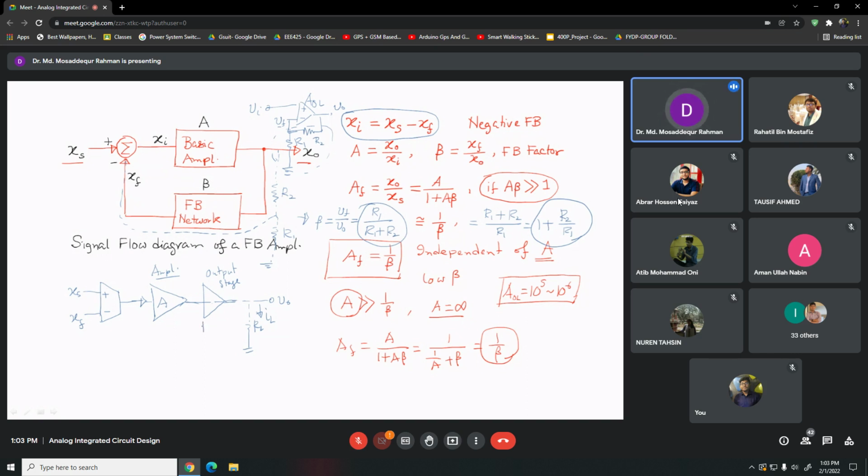So usually it is a power amplifier at the output stage, also known as the voltage buffer. Voltage buffer because it will have a gain of 1, right? The voltage gain, it will not increase, but it will increase the amount of power that is needed by the load, right?